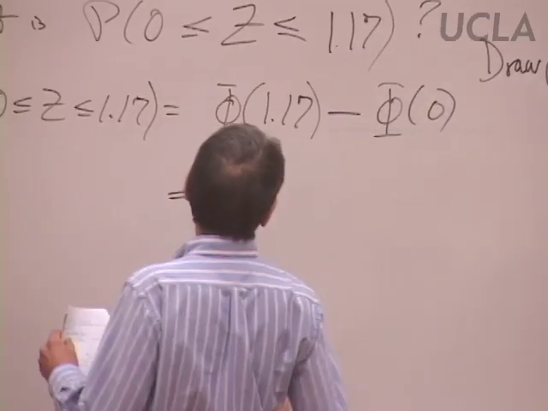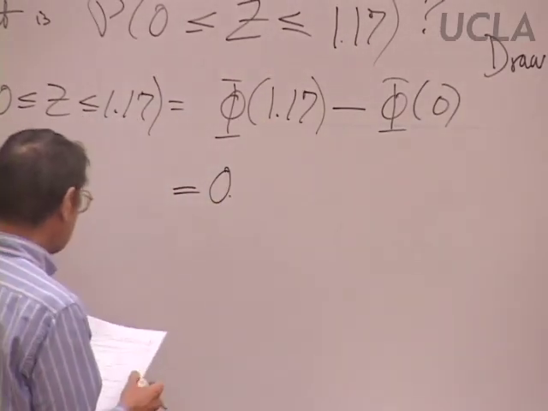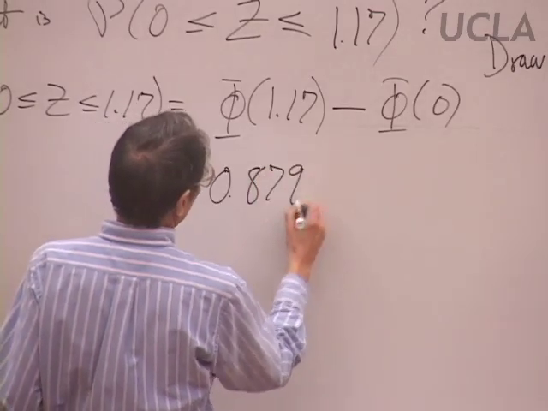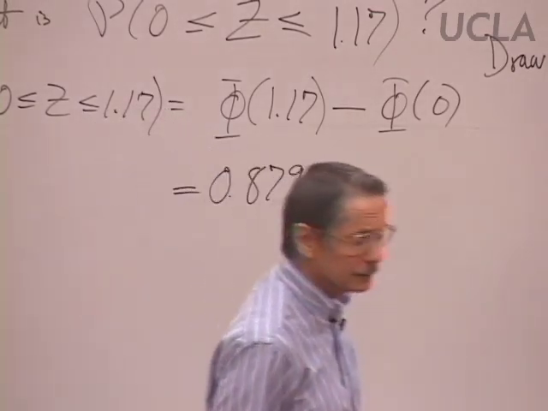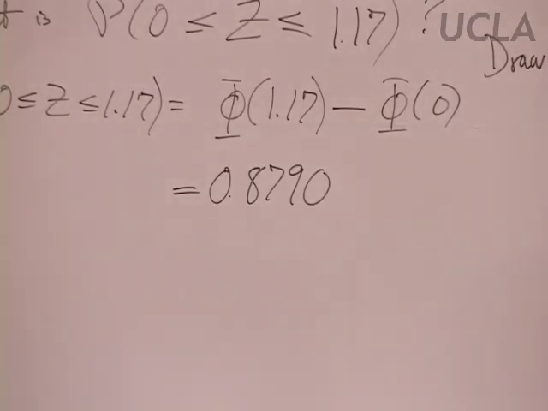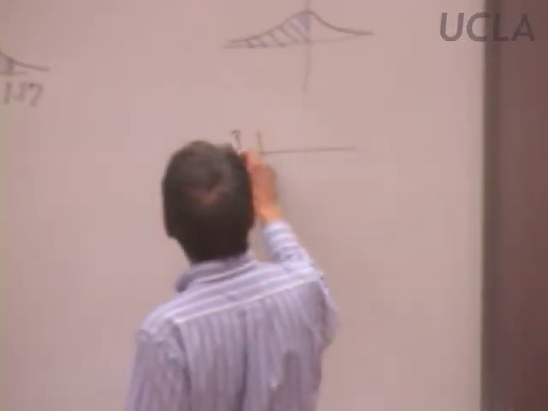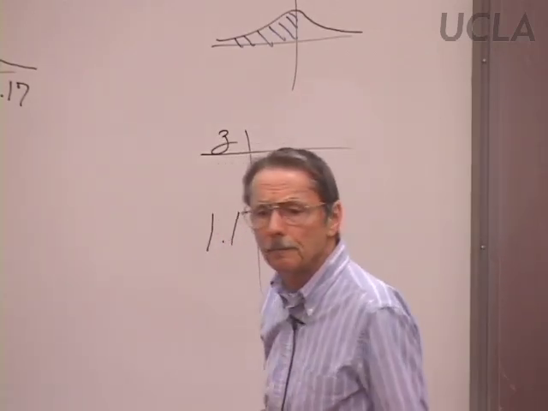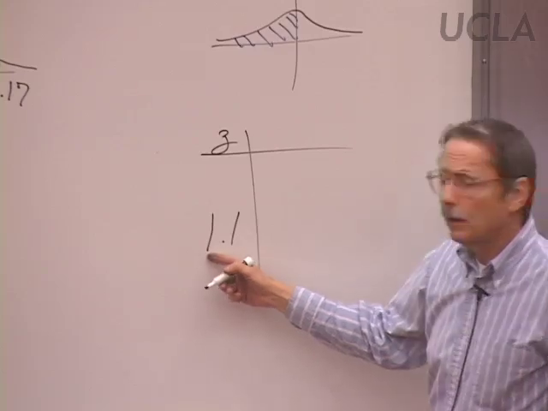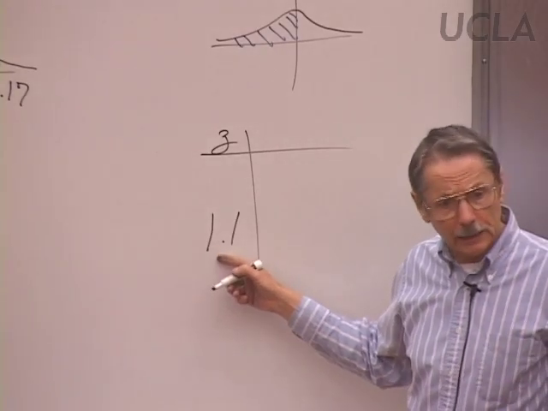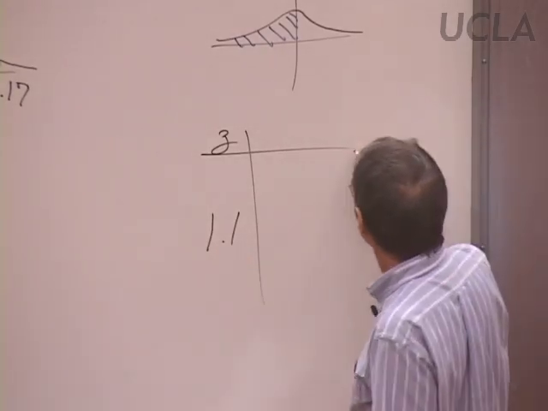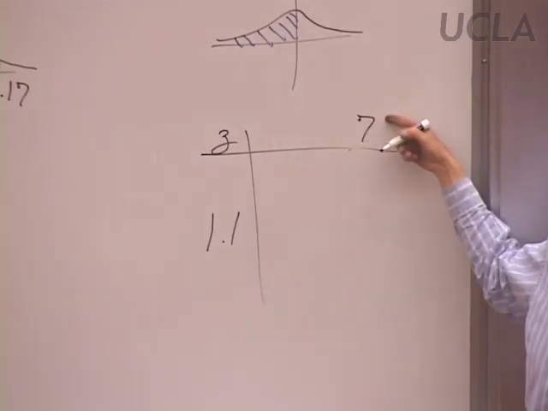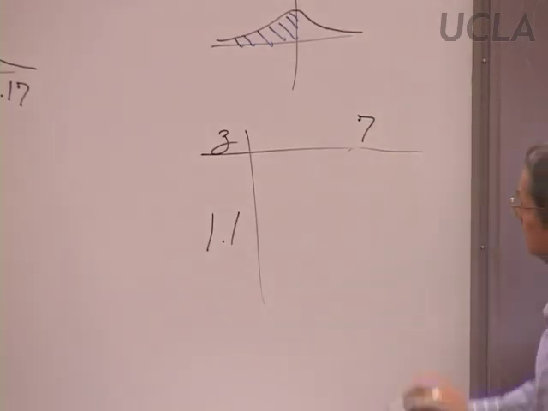Looking in the table for phi of 1.17, it's 0.8790 to 4 decimal places. Now, how to use that table? There's a column down the left that gives the input z to 1 decimal place, and then across the top you look for the 7 column.